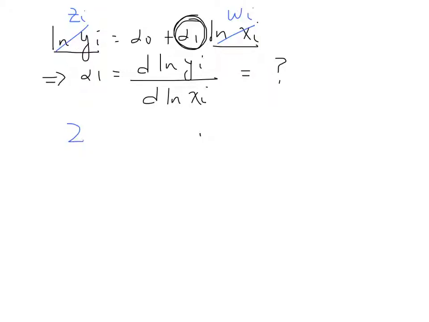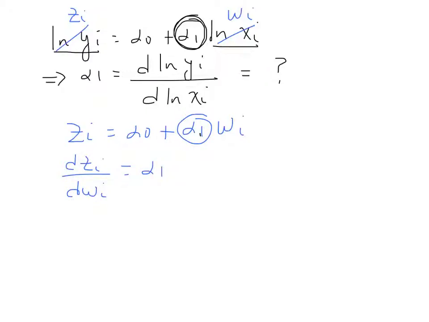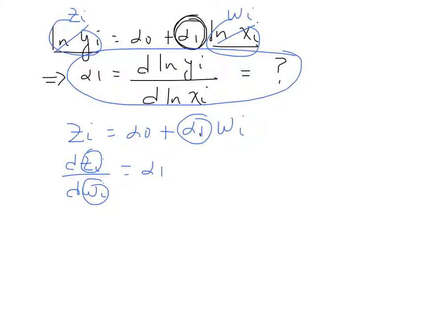The model would become zi equals alpha 0 plus alpha 1 wi, and then there would be no confusion about what alpha 1 was. Alpha 1 would be dz dw, and we can then substitute in for z the log of y and for w the log of x. And that's how we get at this expression right here.